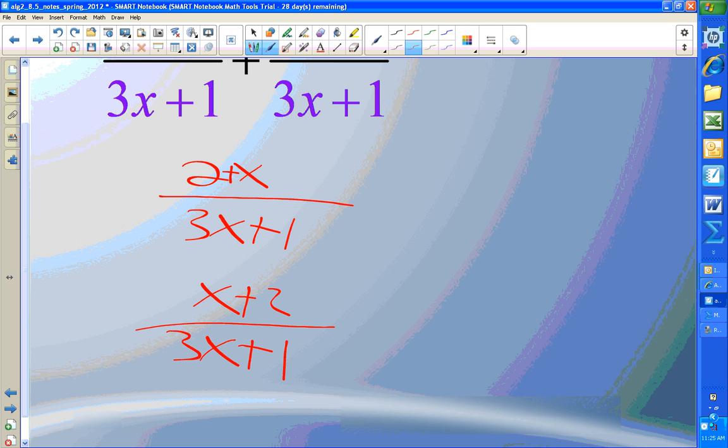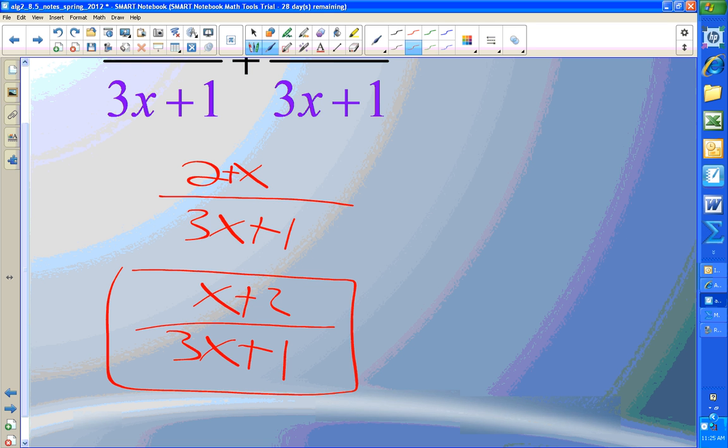Begins with D, ends in descending. Descending order. Now, I don't care on this problem whether you switch 2 plus x to x plus 2. It really doesn't matter in the whole scheme of things. But what I'm trying to do is get you really well prepared for what's coming. And what's coming is that you're going to have to be solving.